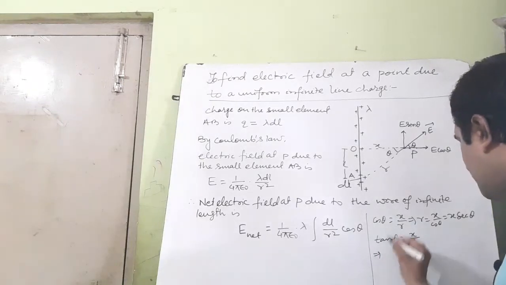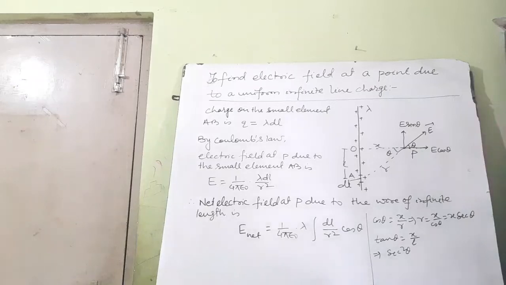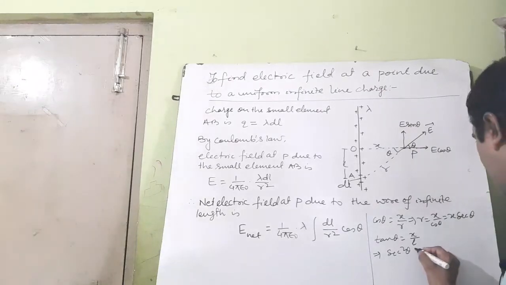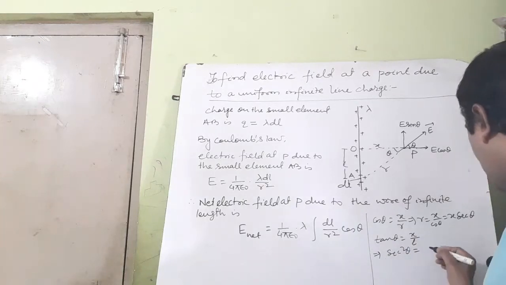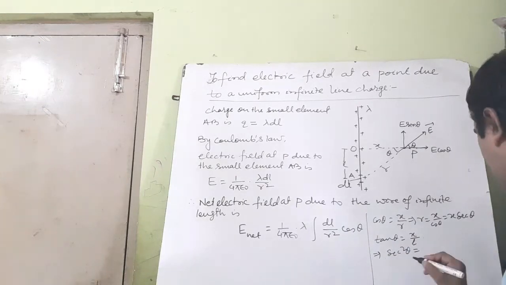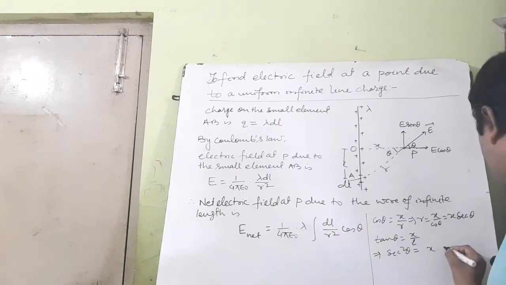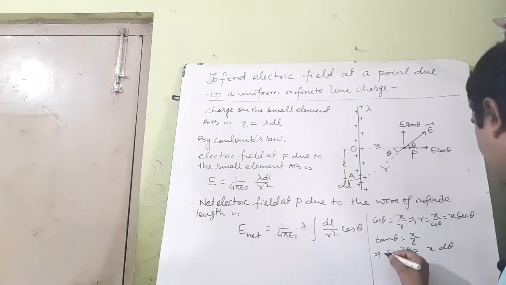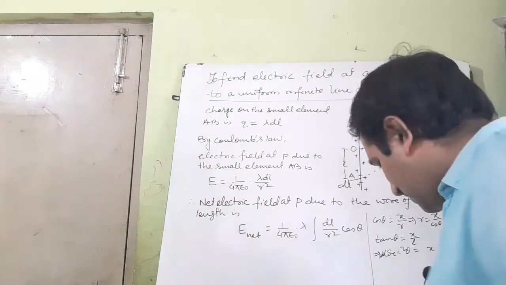If you differentiate it, it will be sec square theta is equal to x d theta into dl. Sorry, one minute.